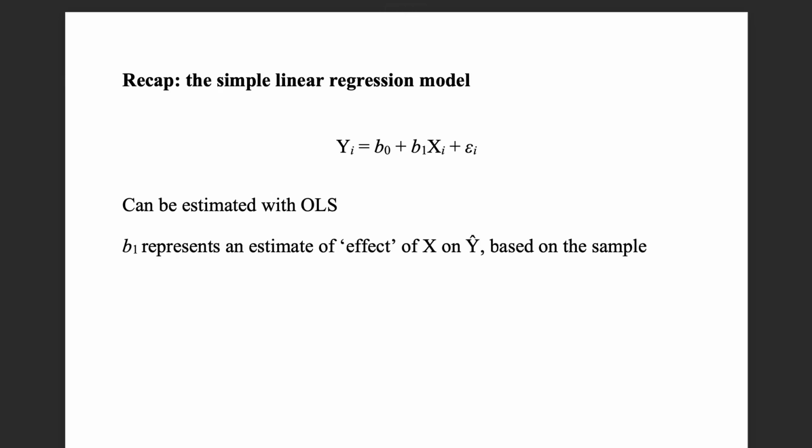We discussed the interpretation of the regression coefficient for our independent variable x, so the b1 coefficient, and how we can interpret this as an estimate of the effect of x on our predicted value on the dependent variable, based on the sample that we have observed. Whenever you interpret these coefficients, you should be aware that they always represent effects of x on y, expressed in predicted values of your dependent variable.